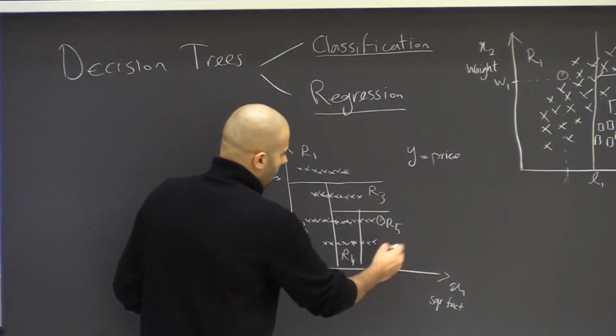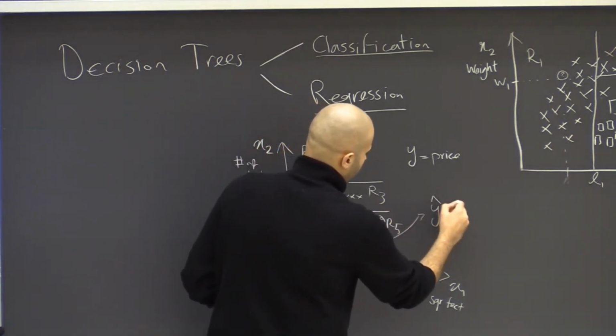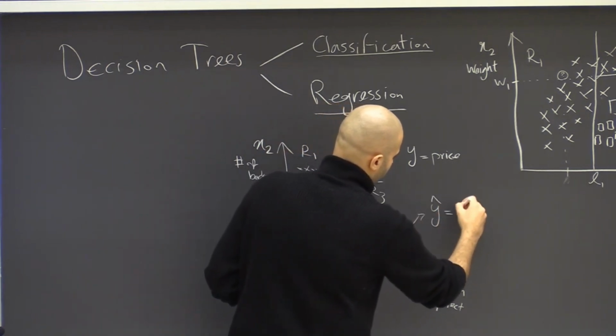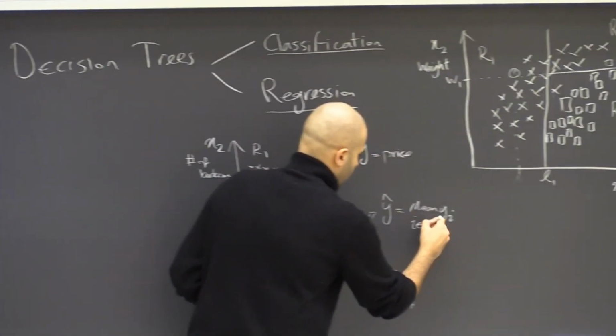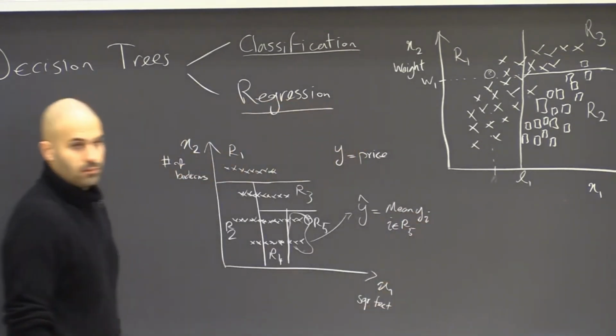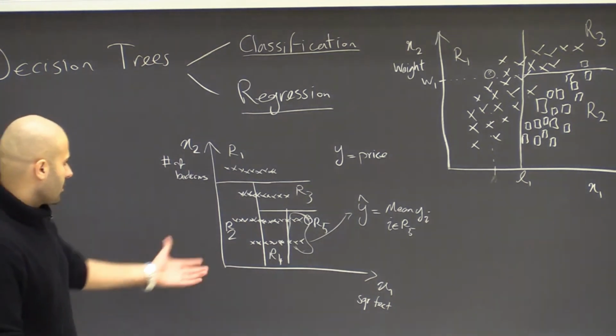So as a prediction, we're going to take these observations in region 5 and take the mean of yi if i belongs to region 5. So that would be our prediction. So that's how decision trees can be used for regression. It's pretty much the same idea.